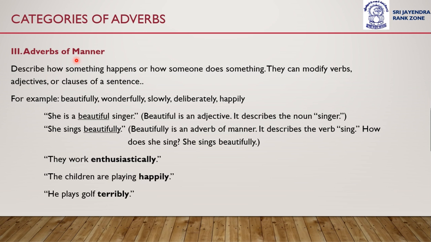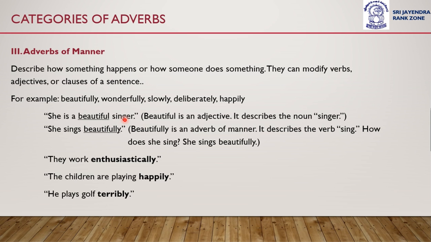So, adverbs of manner describe how something happens or how someone does something. Therefore, they can modify verbs, adjectives, or even clauses. For example, some of the adverbs of manner are beautifully, wonderfully, slowly, deliberately, happily.